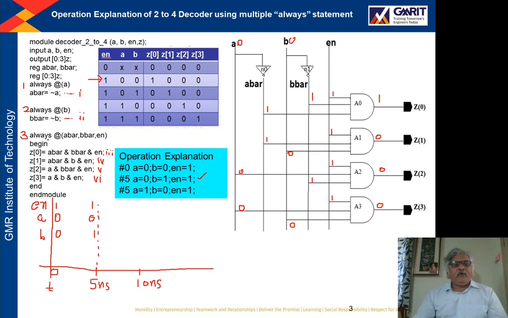Now what will happen? Always block 2 has B in the sensitivity list. Since the event occurred on B, always block 2 will be activated. Once this block is activated, statement 2 will be executed, and statement 2 is B bar equal to not B. B is 1 at 5 nanoseconds, so B bar will become 0, right?